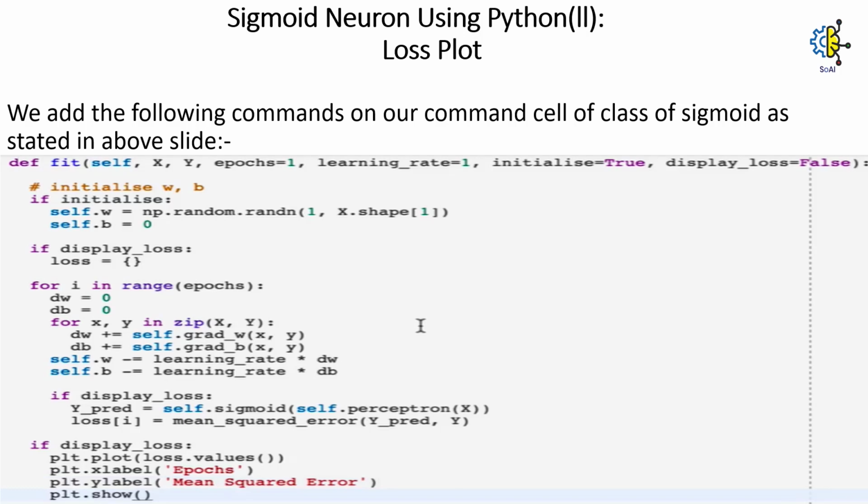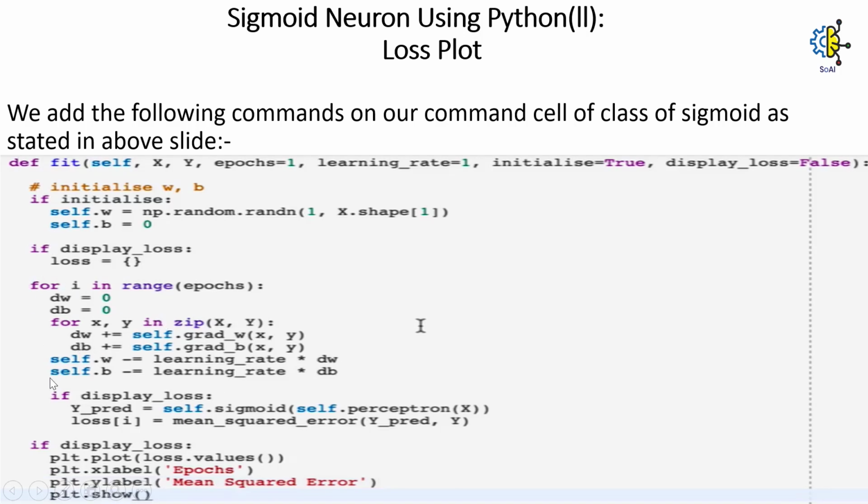After this, if display_loss is true, then y_pred is equal to self.sigmoid function with parameter self.perceptron function with parameter X. And in the next statement, you can see loss[i] is equal to mean_squared_error function with parameters y_pred, Y.